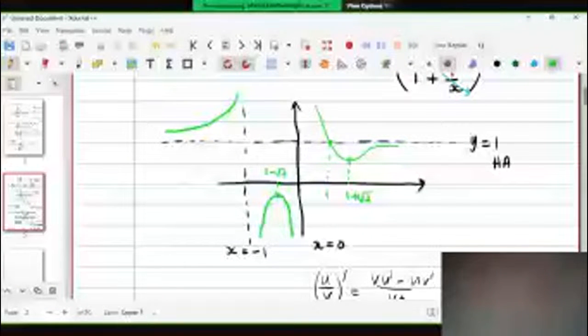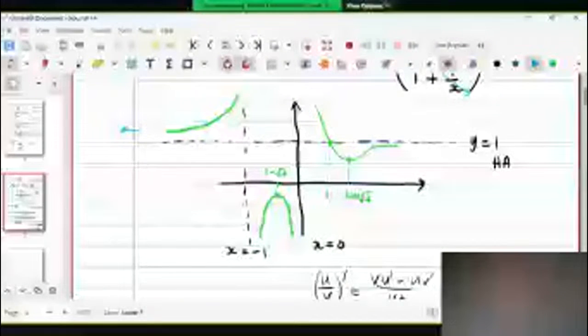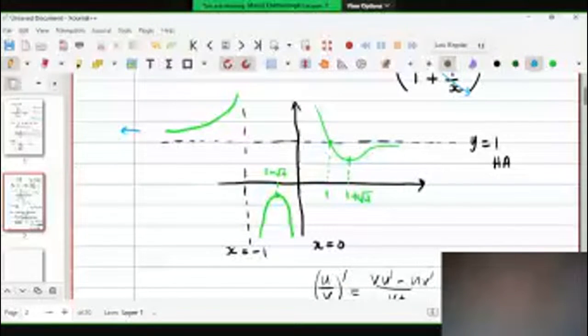So right over here, as x goes to minus infinity, function values are decreasing to 1, and as x goes to positive infinity, function values are increasing up to 1.